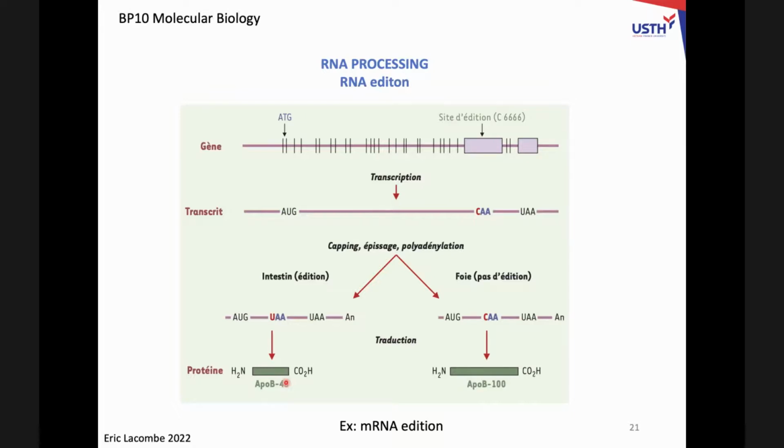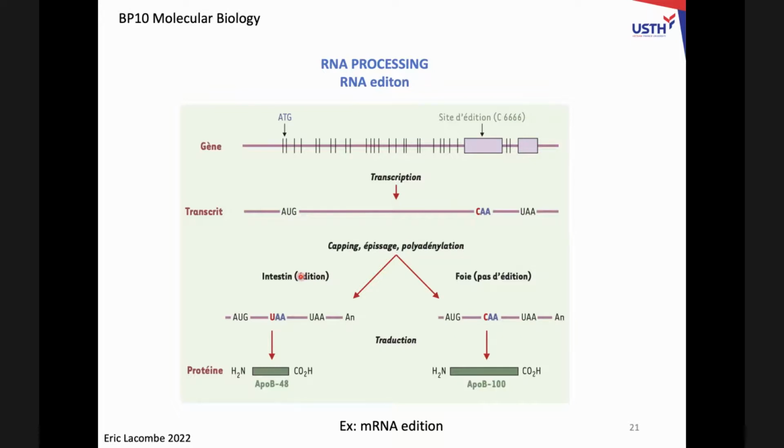We have one gene at the beginning, and we can produce two different proteins in two different organs. Exactly the same situation as alternative splicing. But the difference is that it's not alternative splicing; it's RNA editing that introduced a premature stop within the open reading frame, and so we can have two different proteins in two different organs.